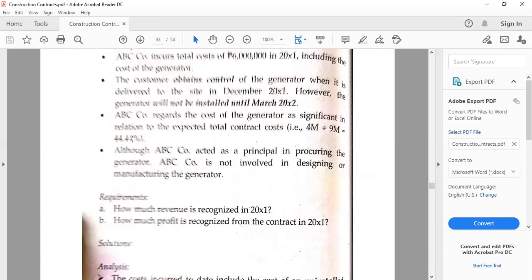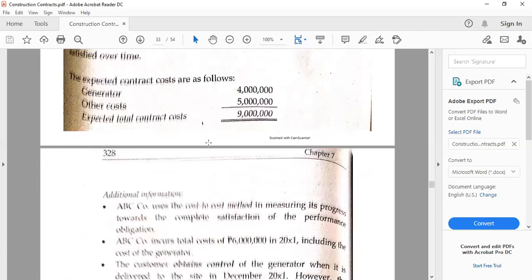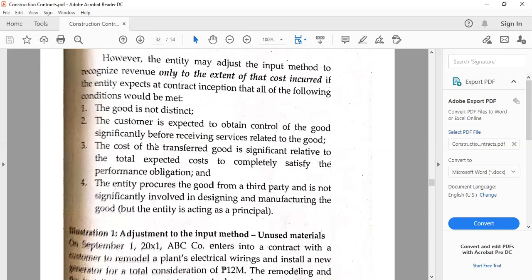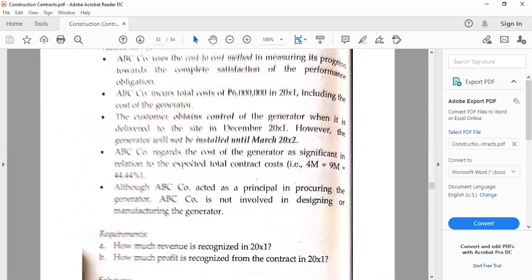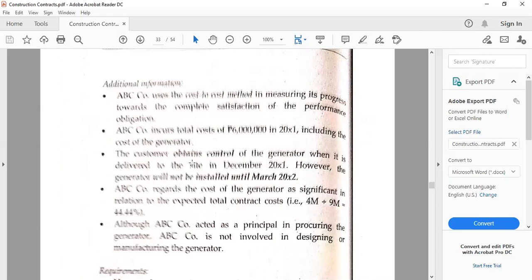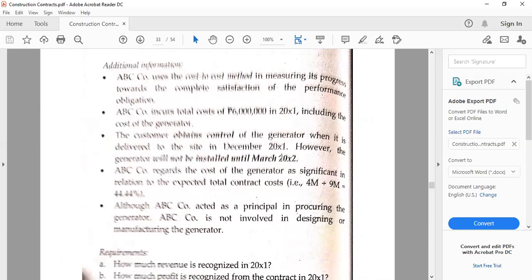Then another one is that ABC company regards the cost of the generator as significant in relation to the expected total contract cost. So this is number 3. Then for number 1, the good is not distinct because it is part of the total contract costs.